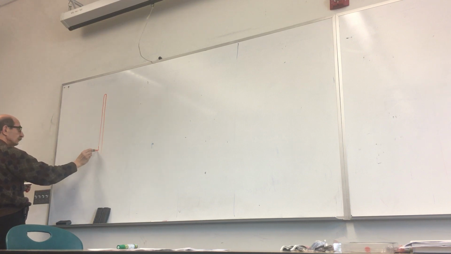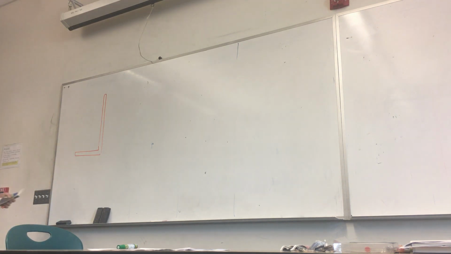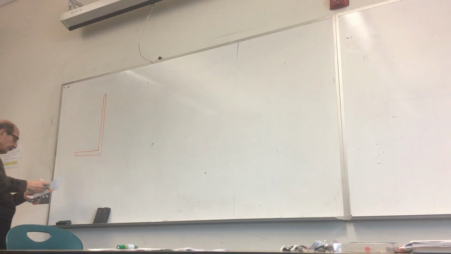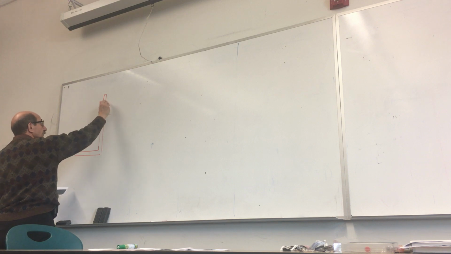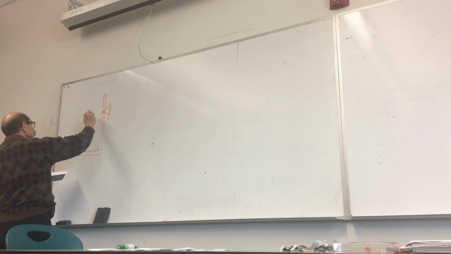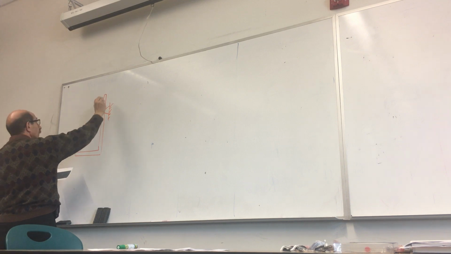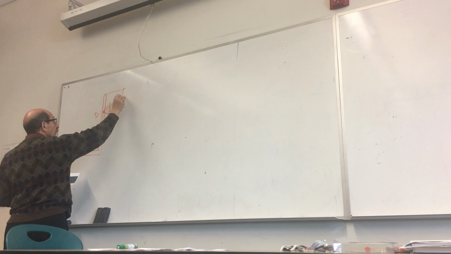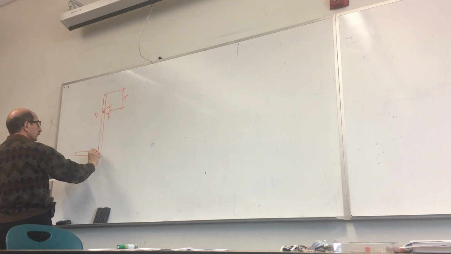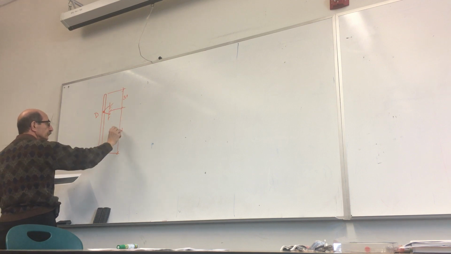This is 7-12. You have a structure that looks like this, sort of an L-shaped beam or channel or something like that. It is connected to a pin at a point D, 3 inches from the top, and 12 inches here.